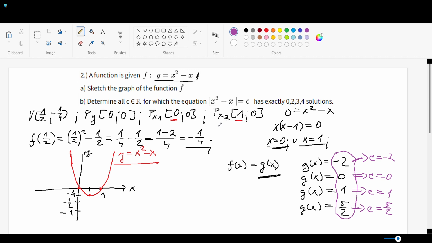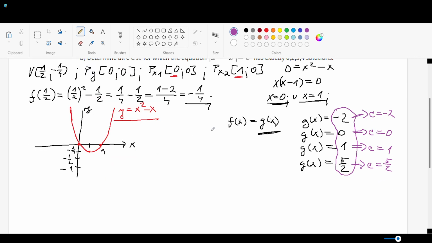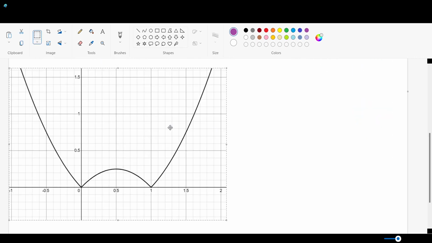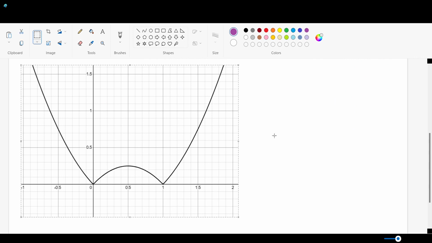So let's do it. There are two ways you can do it. One is using the graph, which I'm going to do, or the second one, you can still solve this by using the algebraic approach, but I'm not going to do this now.